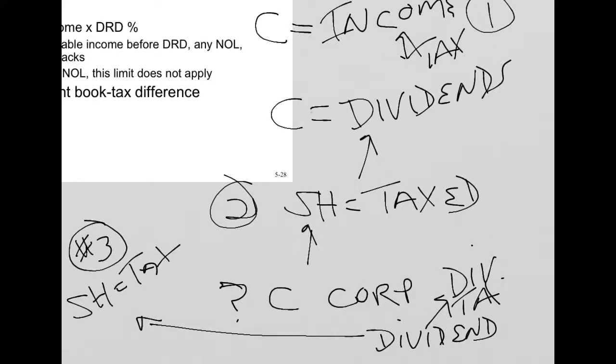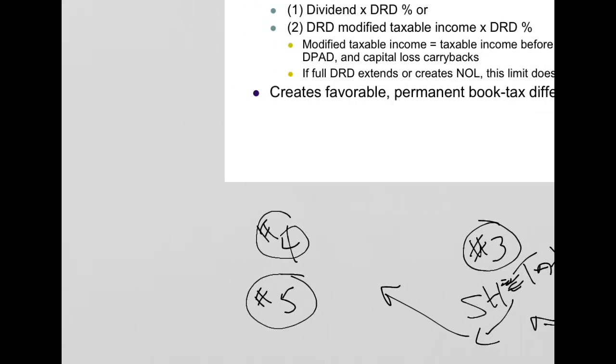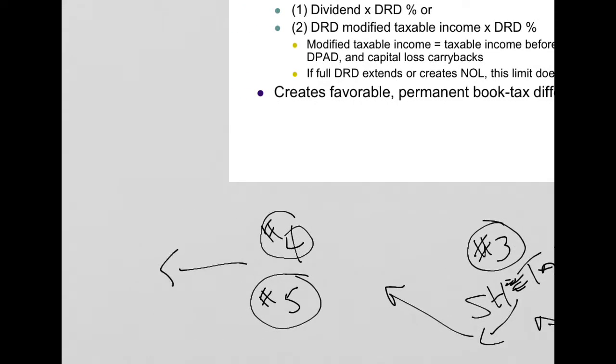They pay dividends. That's tax number 3. What if this shareholder is a corporation too? It doesn't have to be, but what if it is? Then they pay a dividend, and it could go on and on. Tax number 4, tax number 5, ad infinitum, ad nauseum.